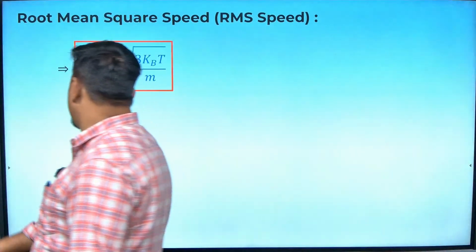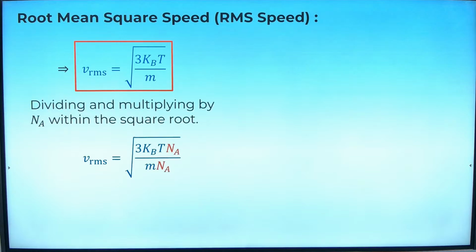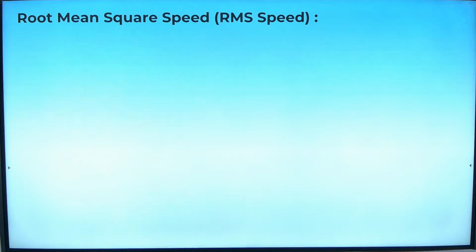So, the same thing that I wrote there, I have written here. VRMS is equal to root over 3kT by m. If they want to divide by Avogadro number, why are they doing this?